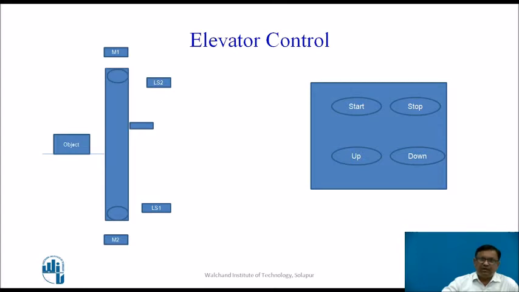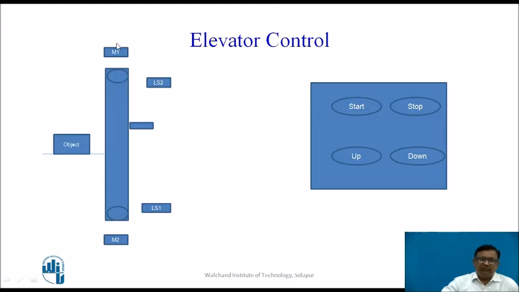While moving upwards, it should not go upwards forever. The motor should stop whenever it reaches this point. So to move this object upwards, we rotate motor M1 in the clockwise direction.